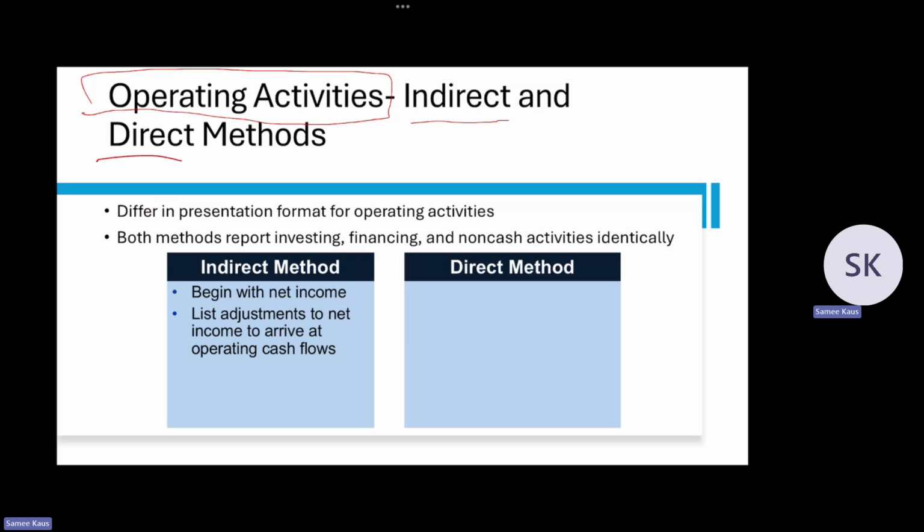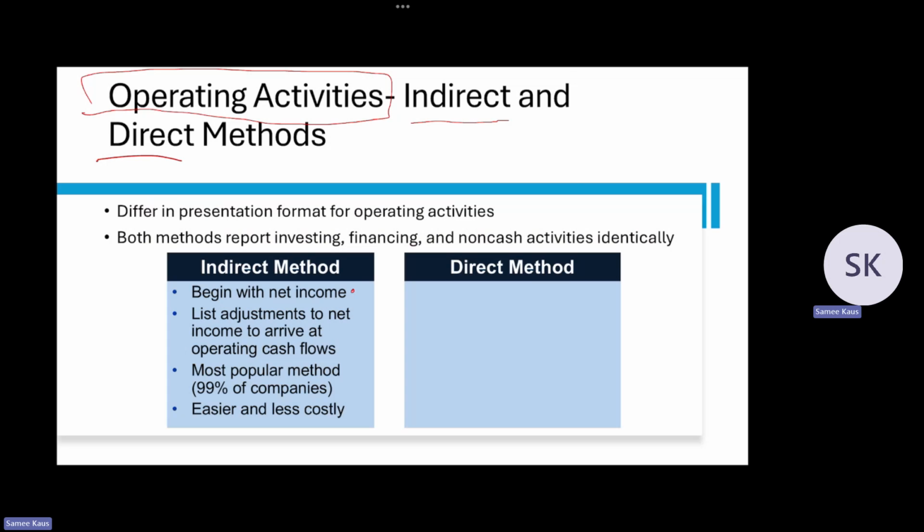What's the difference? Well, the indirect method is going to be more indirect, okay? And I'm not trying to be funny when I say that, but you're not going to actually go in and book journal entries for all of these different activities. You're going to begin with net income, and then you're going to list adjustments to net income in order to arrive at operating activities.